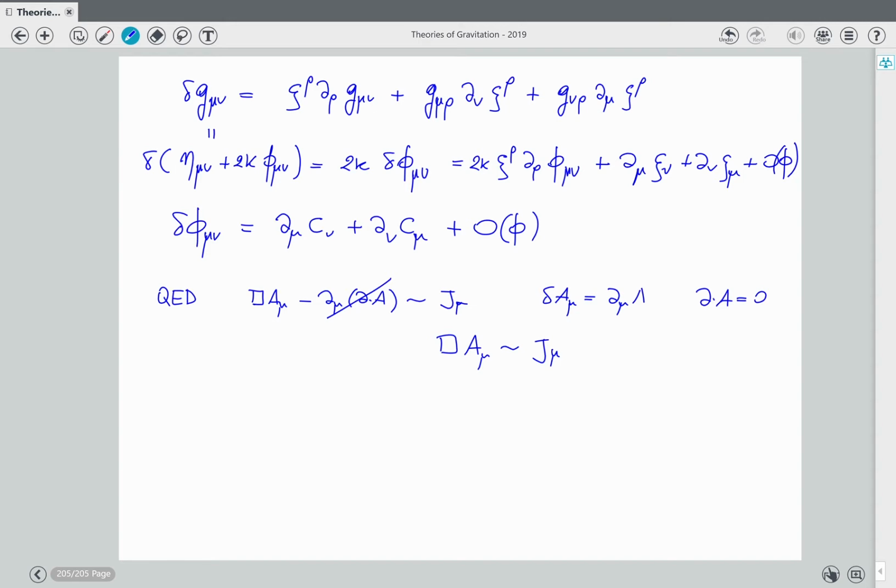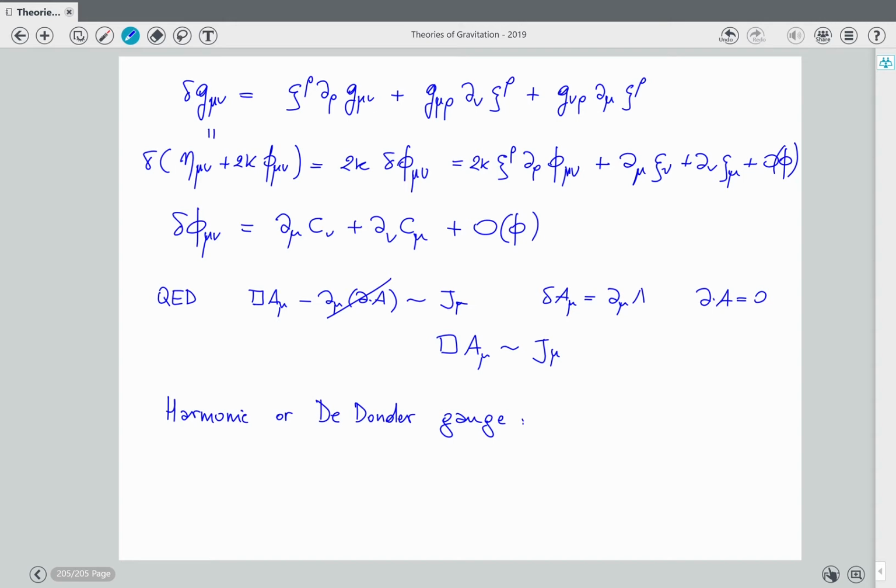And so let's do the same here. What is the most convenient gauge? It's called harmonic or de Donder gauge, and it's similar to that of QED.